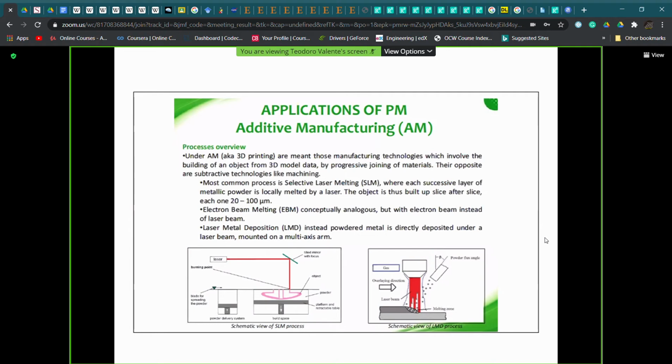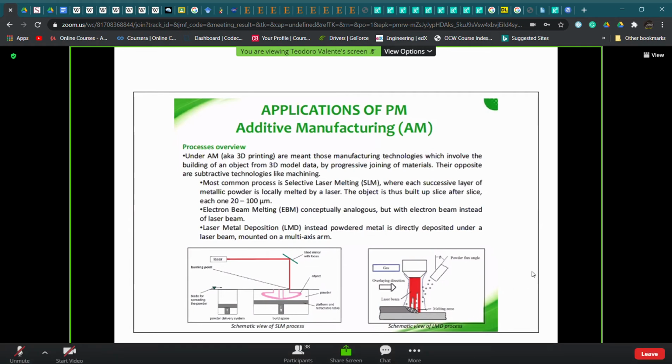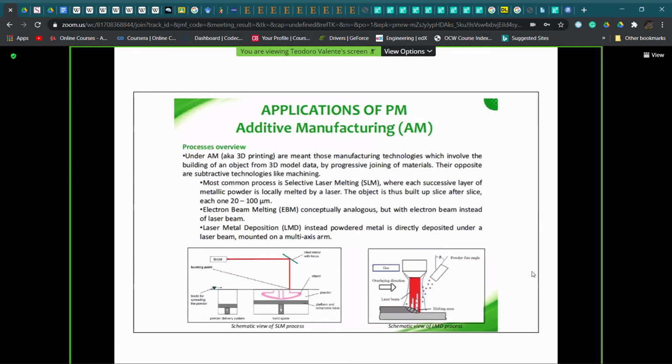They can be used not only for metallic alloys, such as we are going to discuss now, but also for non-metallic materials, including polymeric-based materials. They are also called 3D, three-dimensional printing techniques.